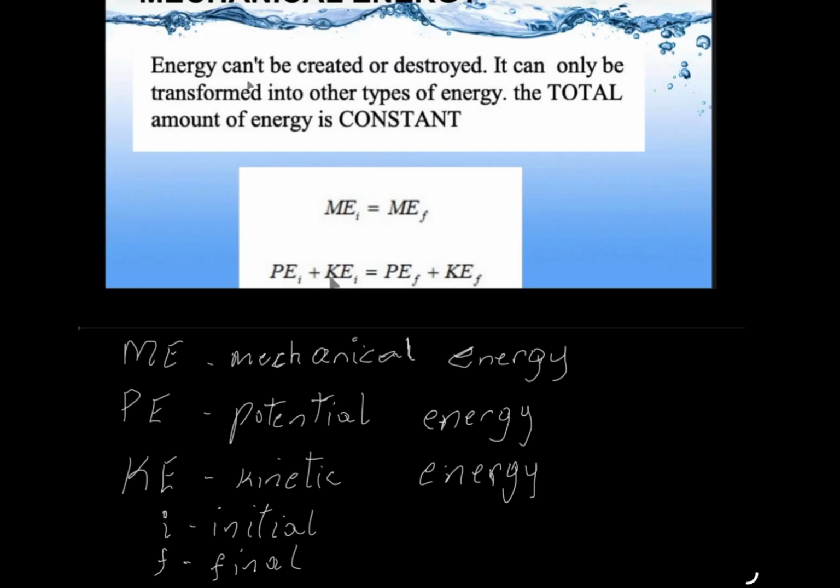PEI plus KEI is equal to PEF plus KEF, where PEI is the initial potential energy, KEI initial kinetic energy, PEF final potential energy, and KEF final kinetic energy.